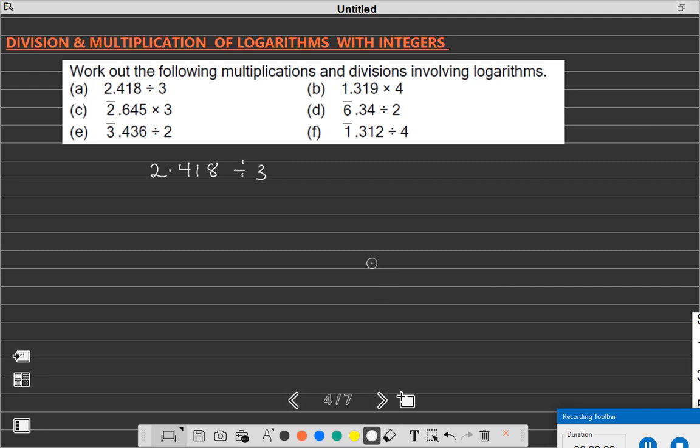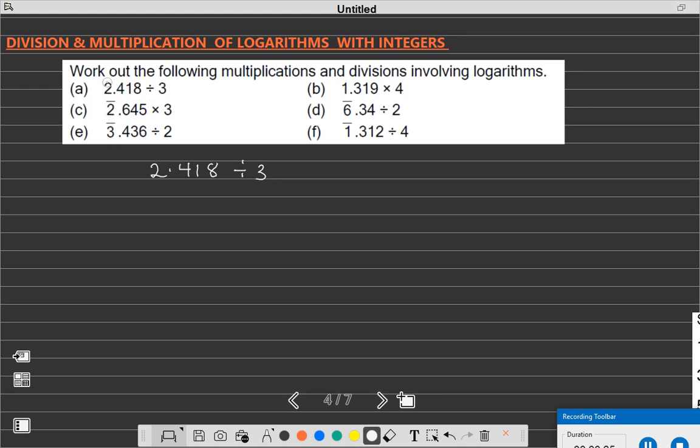You are all welcome to part 2 of the topic logarithm, where we are going to divide and multiply the log numbers with integers. As in the previous lesson, I told you that a log has 2 parts, the mantissa and the characteristic.